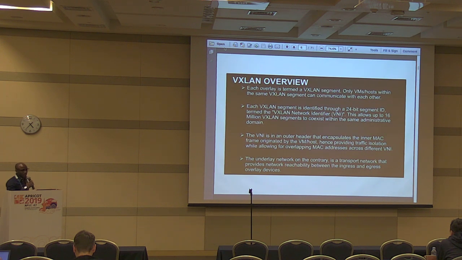As I've mentioned, each of the overlay networks is termed a Vxlan segment. Like I said, a Vxlan segment is akin to your broadcast domain. So only devices within the same Vxlan segment can actually communicate.